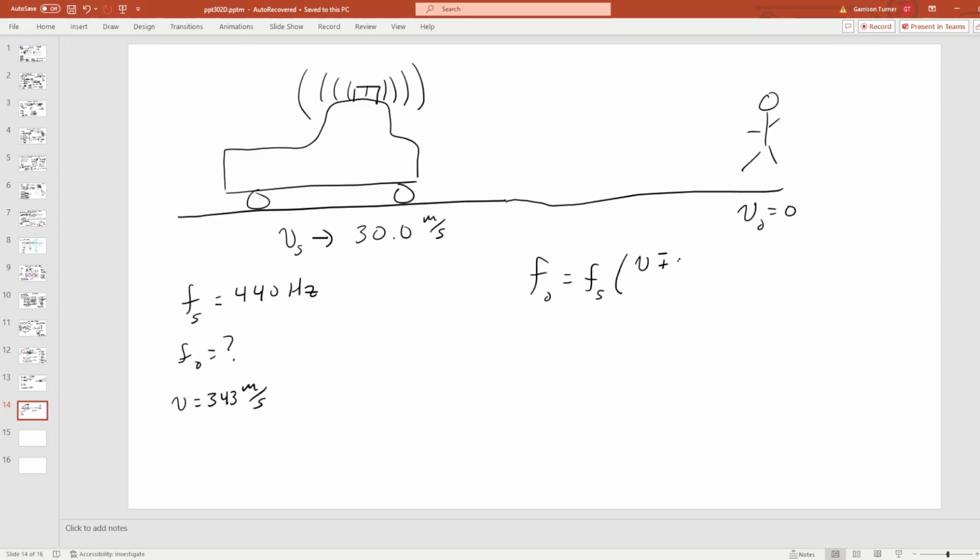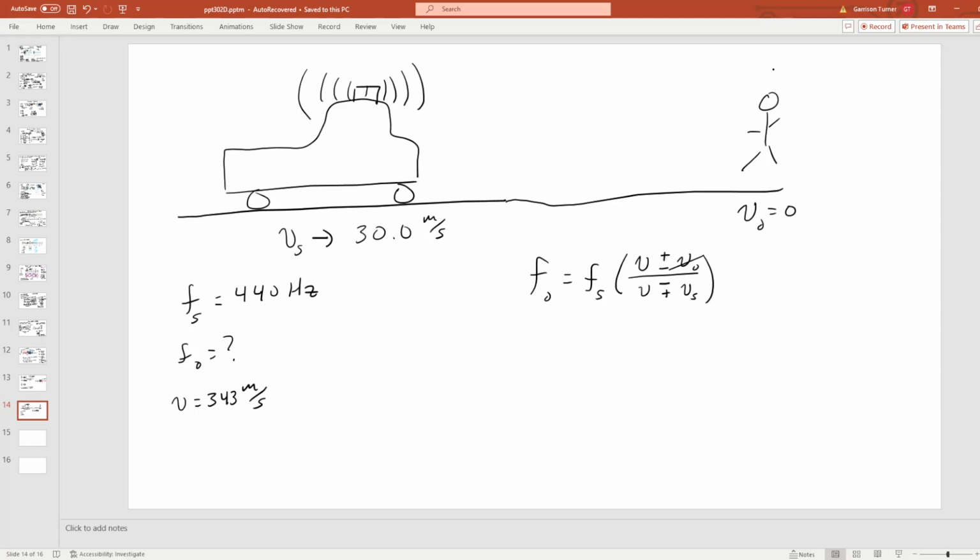The top is plus minus, and the bottom is minus plus. Because the velocity of our observer is 0, this part doesn't matter in this particular problem.